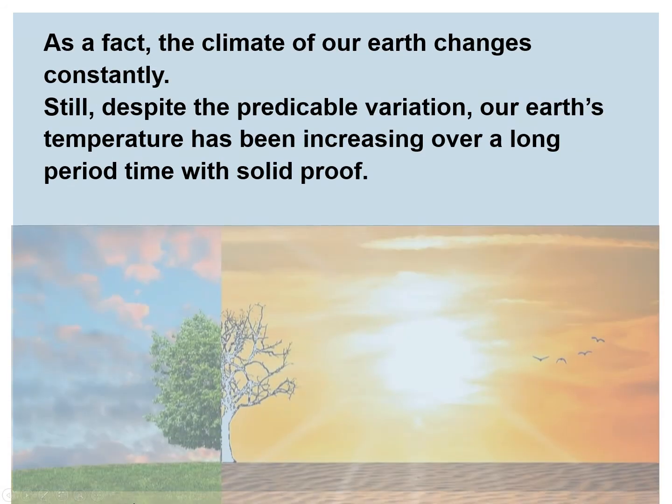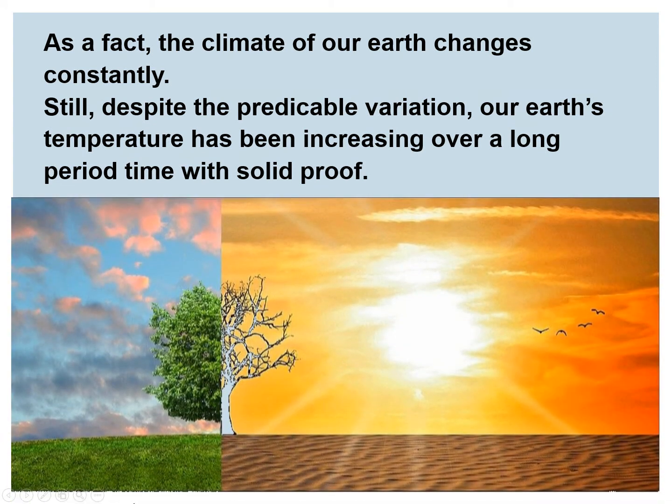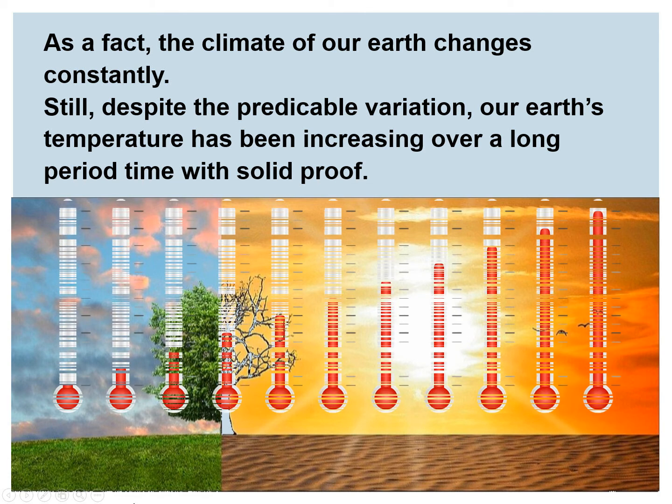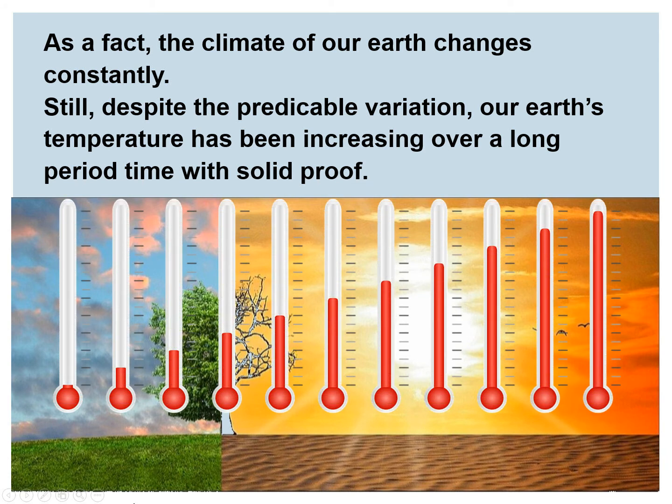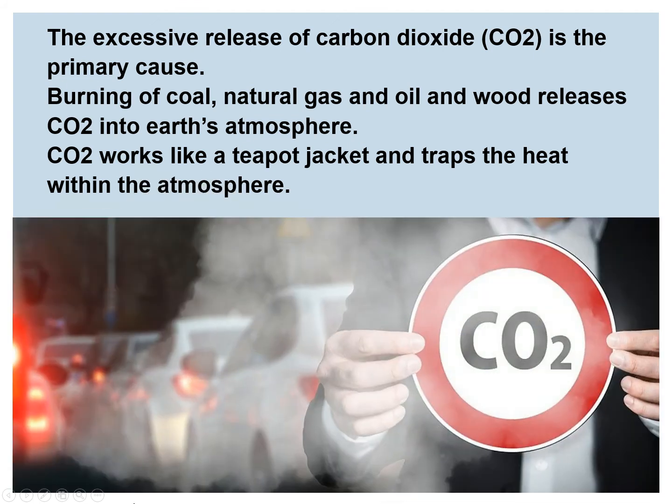As a fact, the climate of our Earth changes constantly. Still, despite the predictable variation, our Earth's temperature has been increasing over a long period of time with solid proof. The excessive release of carbon dioxide, CO2, is the primary cause.